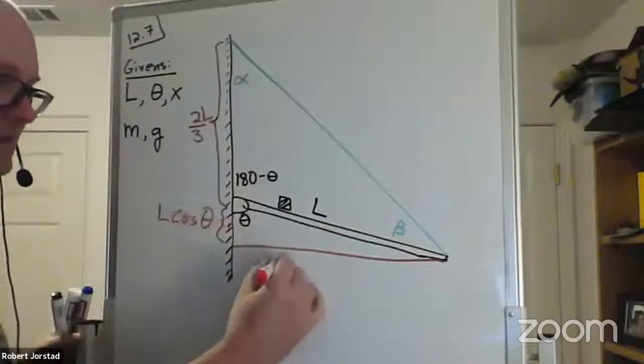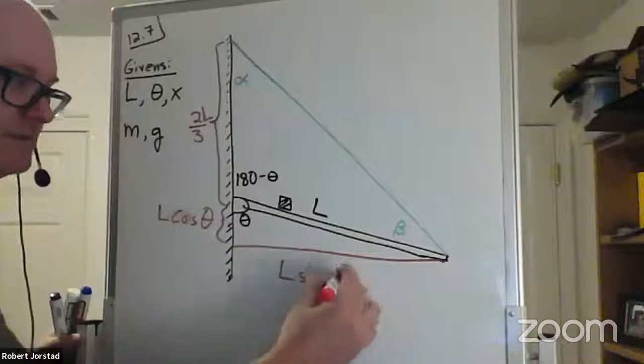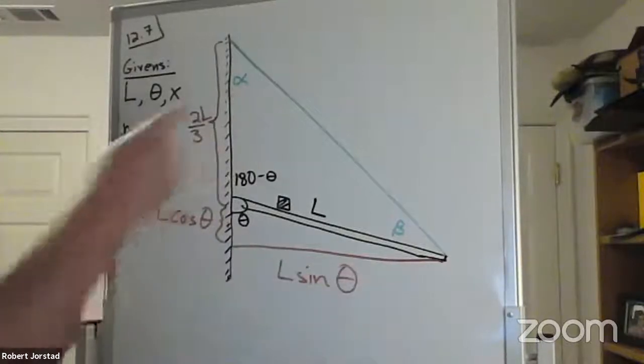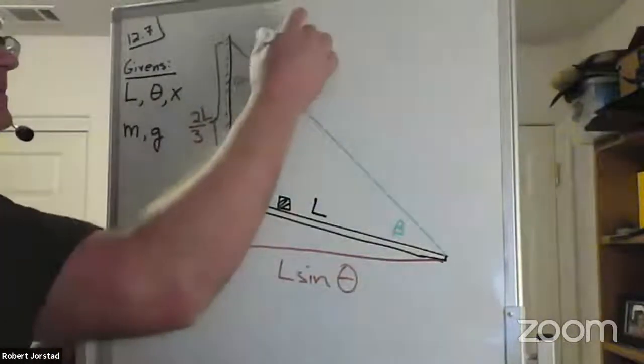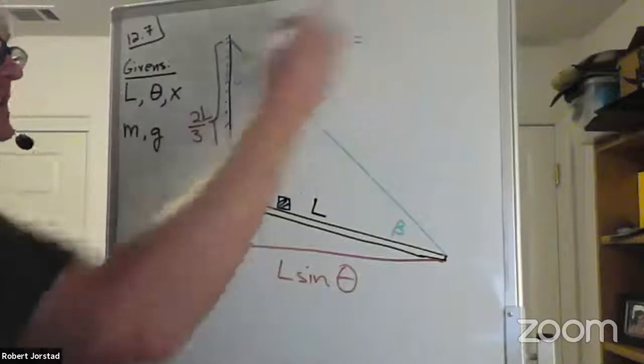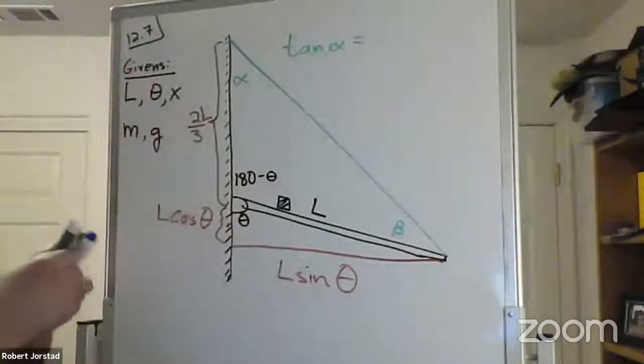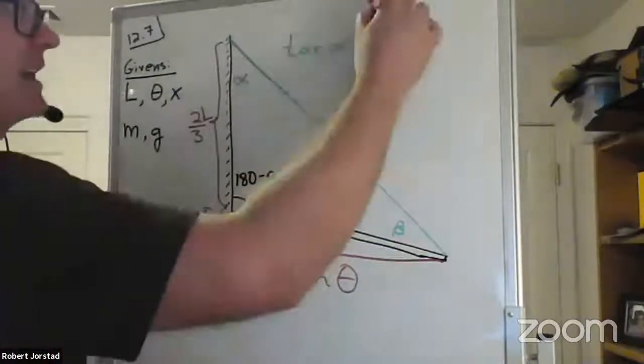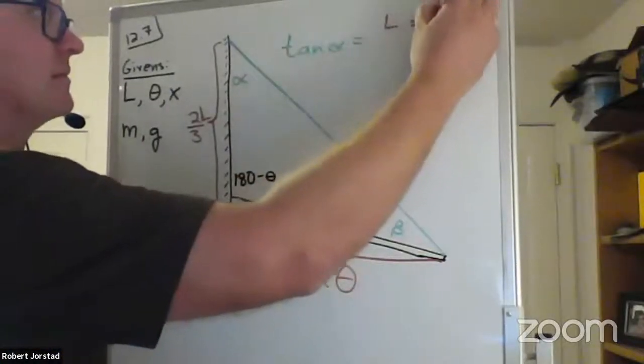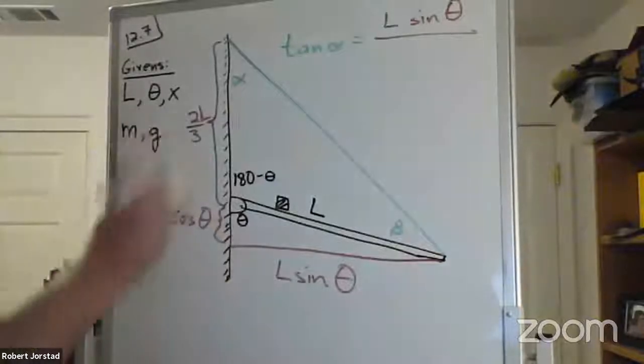What is this side? This is L sine theta. Now, tangent of alpha should equal this over both of those put together, meaning L sine theta over the sum of these two.